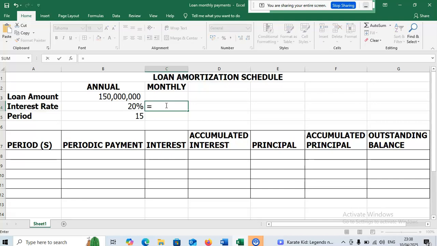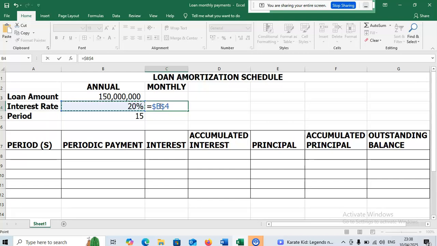So equal sign, get the annual interest rate, okay? But fix it. We said we fix by pressing the F4 button. So press the F4 button, the dollar signs will appear. The F4 button is on the keyboard, okay?